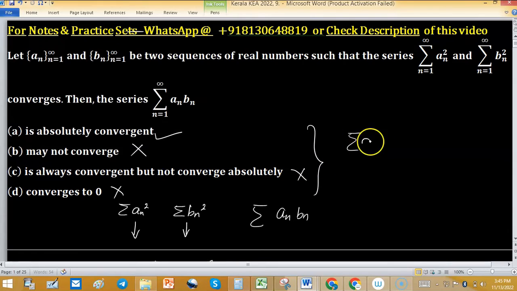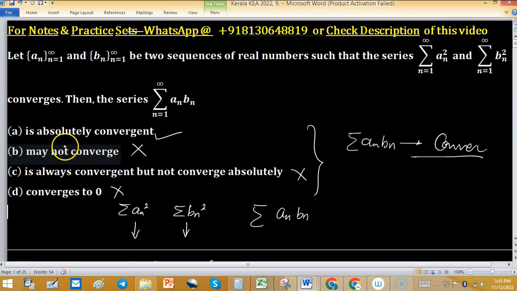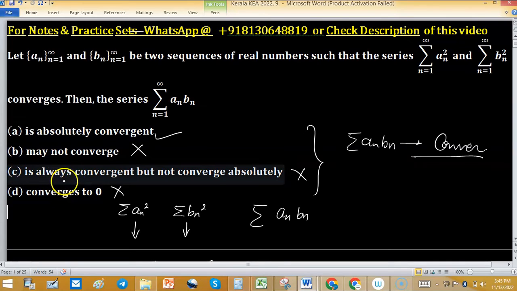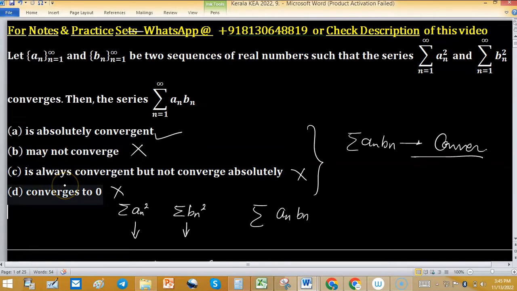Otherwise, summation an bn converges, but not absolutely. Absolute convergence implies convergence, but convergence doesn't imply absolute convergence. But in this problem, all other options have been discarded. That's why option A is true.